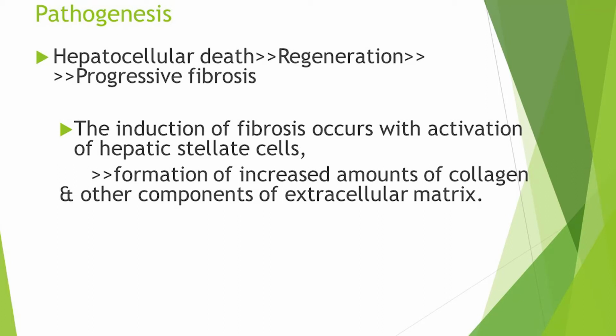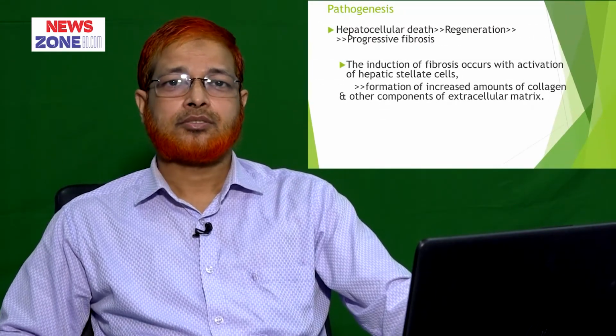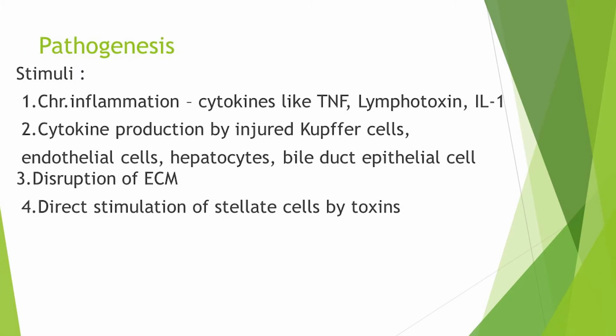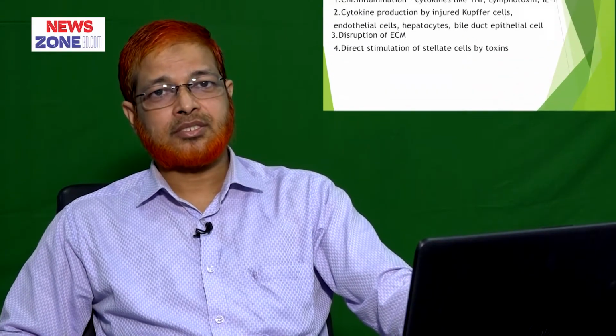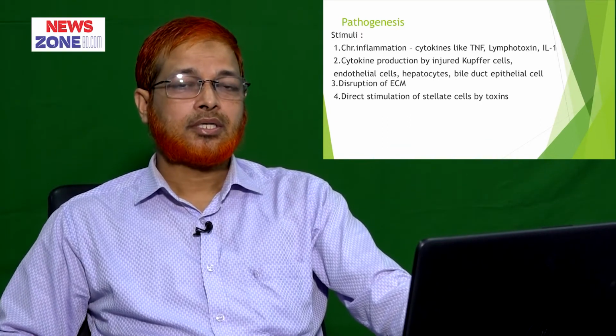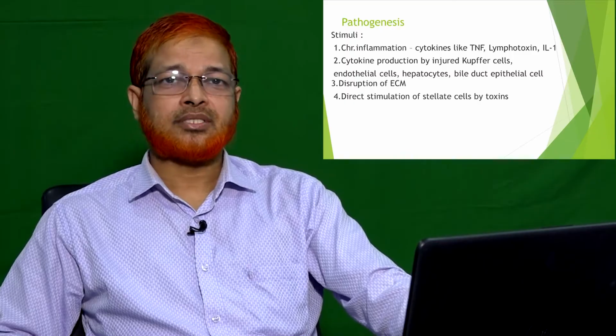Let us see the pathogenesis of cirrhosis. For better understanding, we should know it. The stellate cell is at the center of the pathogenesis of cirrhosis. How are the stellate cells activated? Number one, by some cytokines like interleukin 1, lymphokines, and other cytokines.